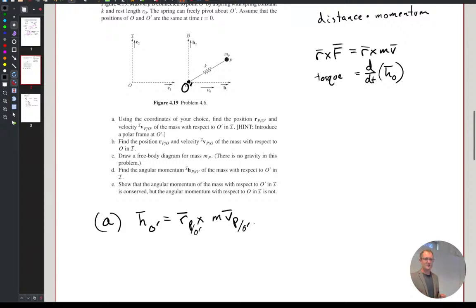What do you think? Can you find that cross product?